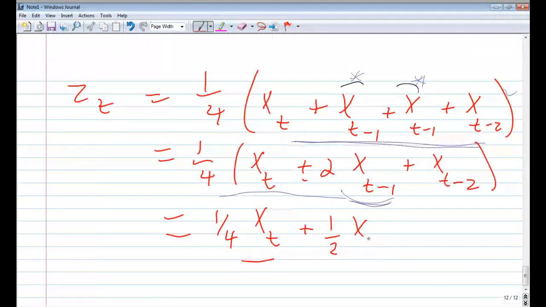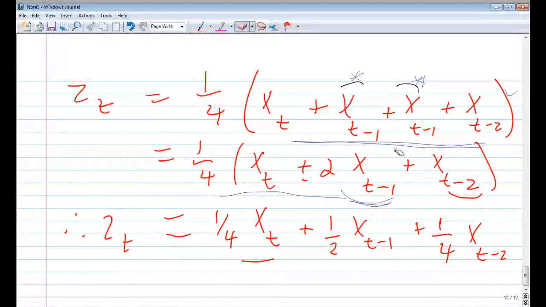Then take this one. Okay. Then you say plus a quarter multiplied by xt minus 2 is going to be a quarter xt minus 2. Therefore, zt is equal to that. Okay, so this is the final process.